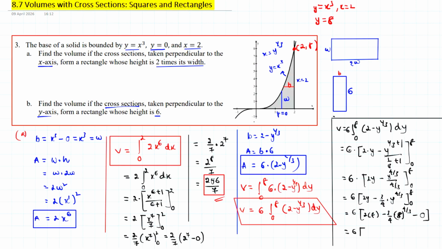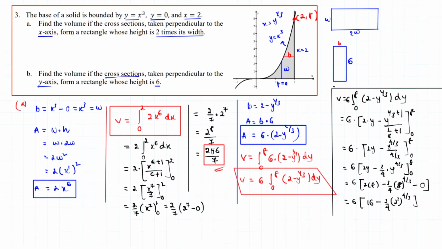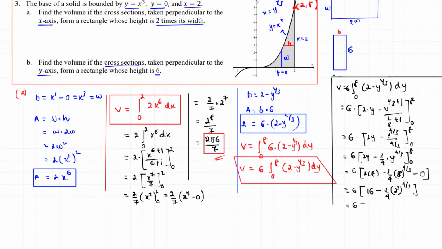So that is 6 times, 2 times 8, that is 16, minus 3/4. Here the 8 can be written as 2 cubed, to the power 4/3. So this is 6 times 16 minus, the 3 gets cancelled and 2 to the power 4 is 16, times 3/4.